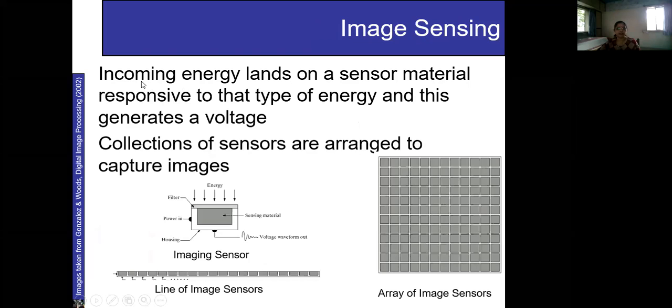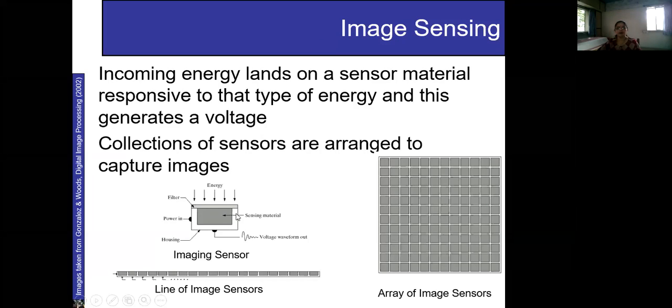Now, in your digital cameras, there are imaging sensors used to capture the image. So, incoming energy lands on a sensor material responsive to that type of energy, and this generates a voltage.